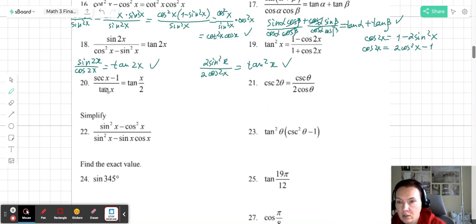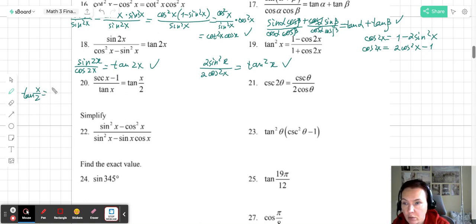Two more identities. Secant minus 1 over tangent. Looking at the right side of this equation, I see that I have a half angle formula for tangent. So let's refresh our memory how that is going to play out. We have two formulas.